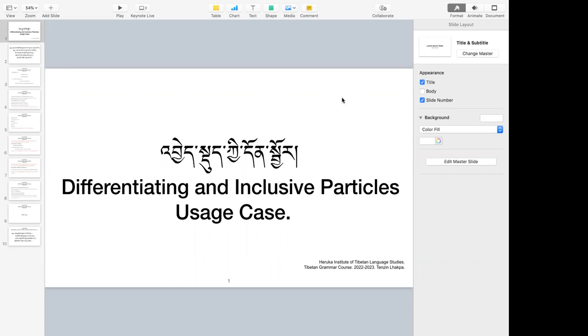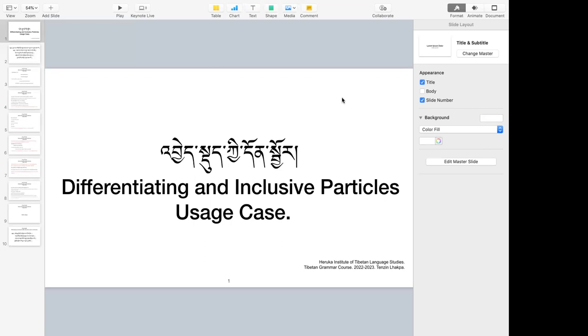The reason is that this particular particle does not have an inferential usage case as much as the ones that were there in the ornamental and inclusive case.